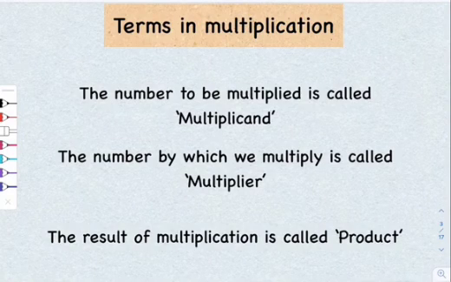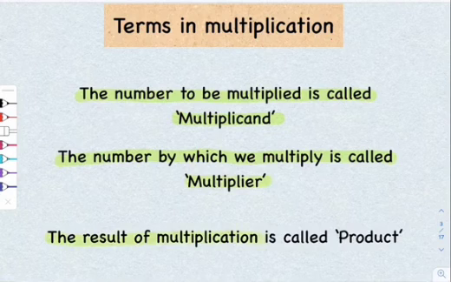Did you all recall it, children? We'll do it once again. The number to be multiplied is called multiplicand. The number by which we multiply is called multiplier. And the result of multiplication is called the product.